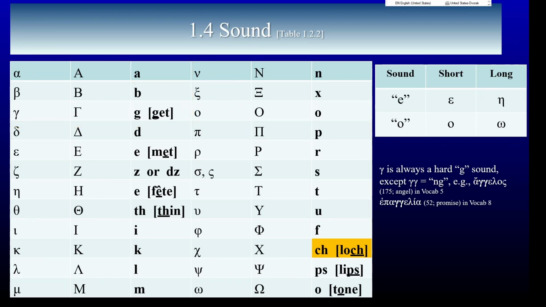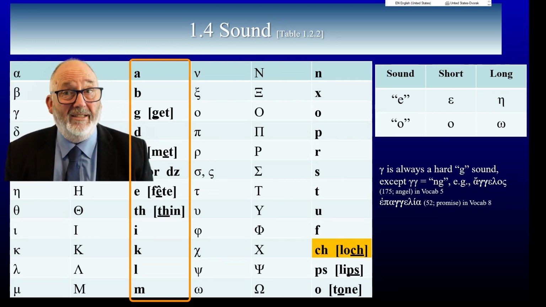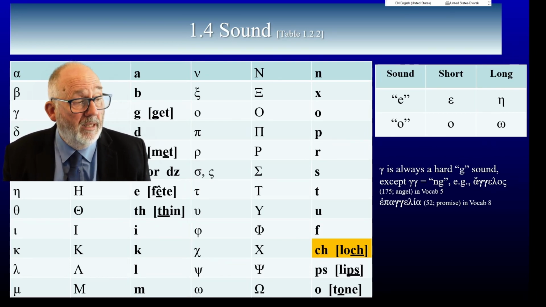And you can see on the table I have showing on the screen here, there is a column which has the sound: a, b, g, as in get, it's a hard G, d, e, as in met, it's a short e, z, eta is a long E. Fate is the typical word that we use to illustrate what the sound is.